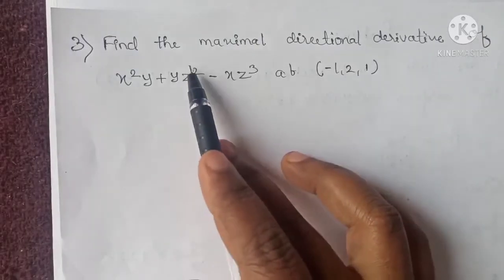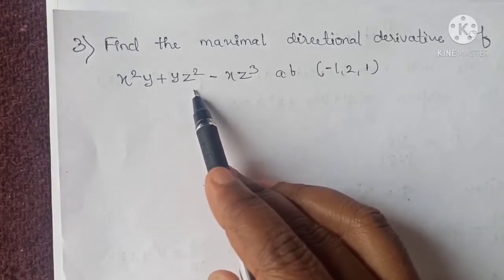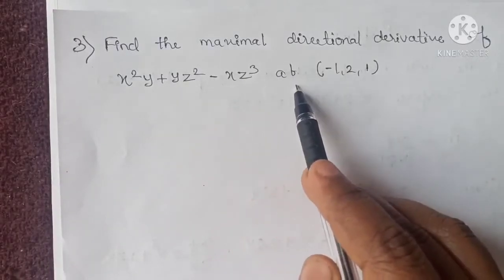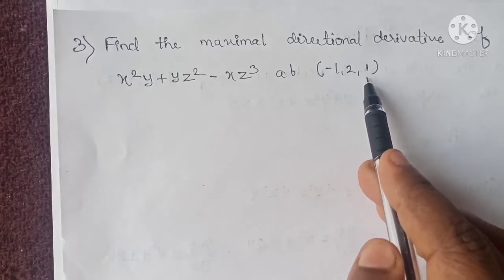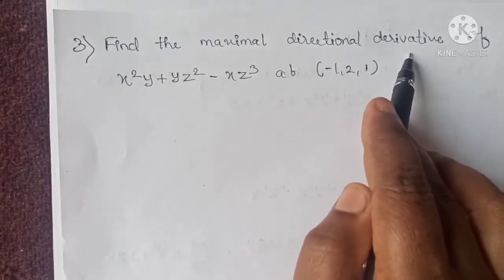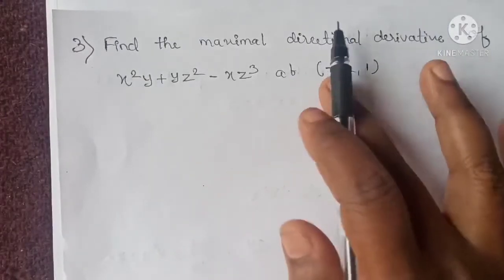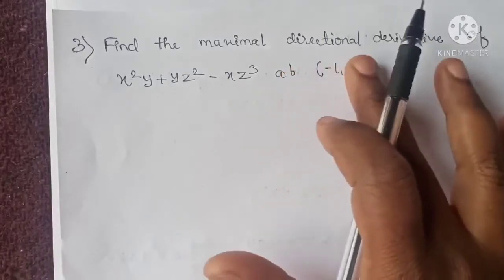Next question, find the maximal directional derivative of x square y plus yz square minus xz cube at the point (-1, 2, 1). So here it is given that we find the maximal directional derivative. So here we have to find only the maximal directional derivative. Directional derivative is different, maximal directional derivative is different.